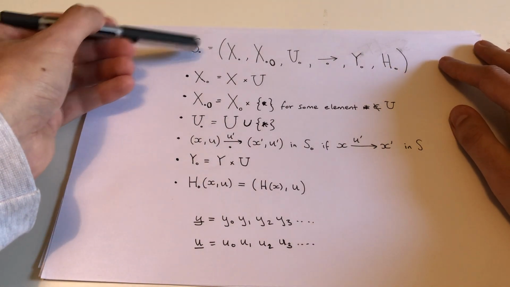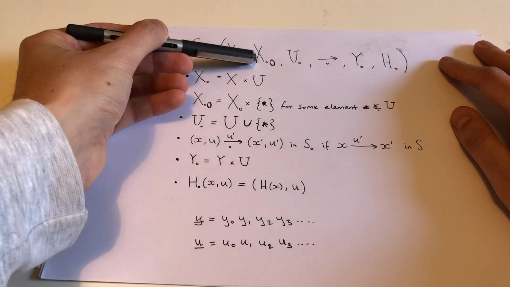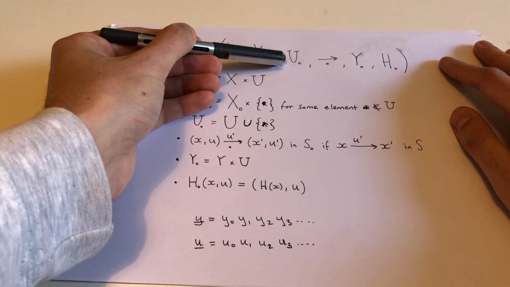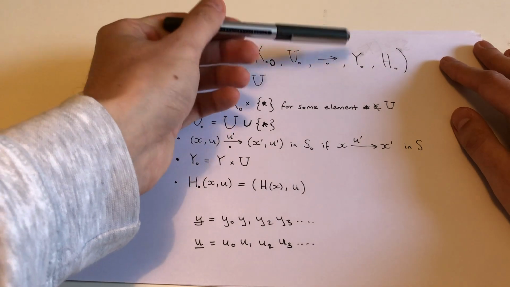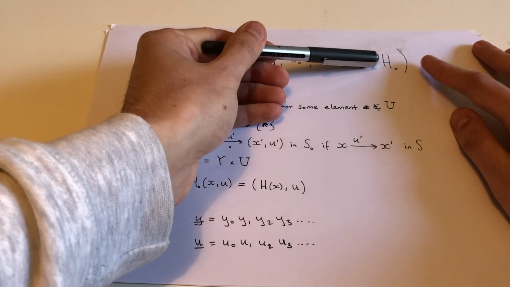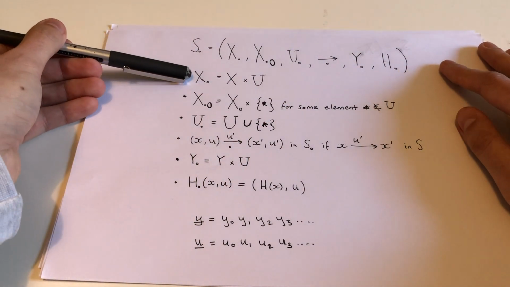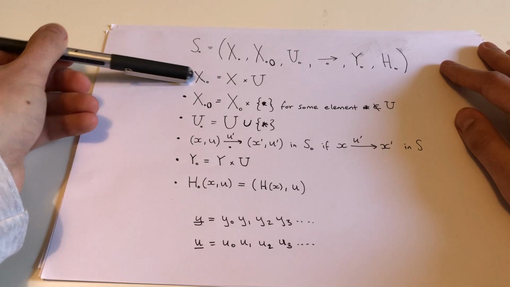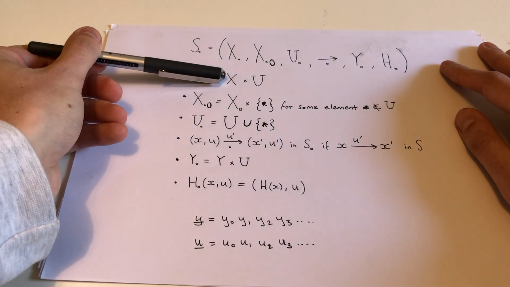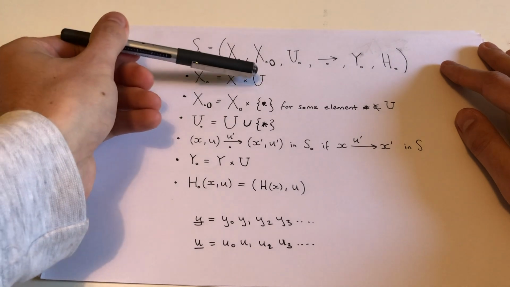So we have the set of states, the set of initial states, the set of inputs, the transition relation, the set of outputs, and the mapping. Now we can describe this new set as being the set of both the states in the system and the inputs.